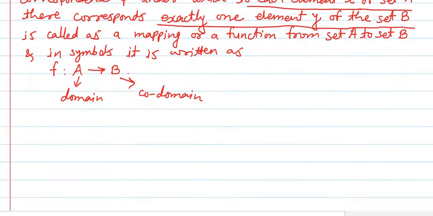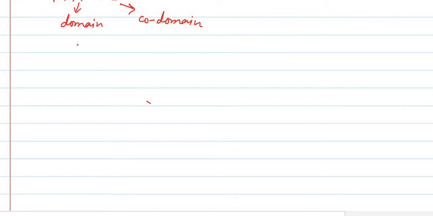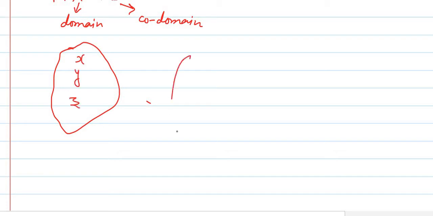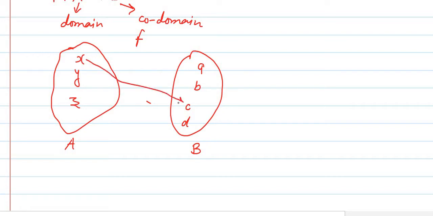Suppose set A consists of three members x, y, z, and we have another set B, which consists of members a, b, c, d. Let us suppose that F is a relation from set A to set B, such that under this relation F, image of x is c, image of y is b, and image of z is a.